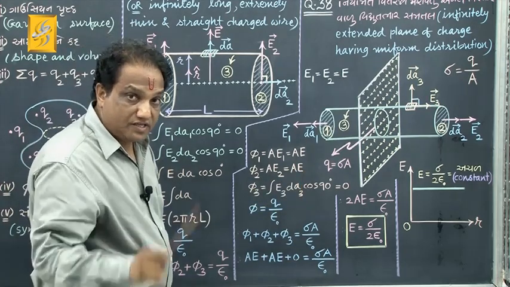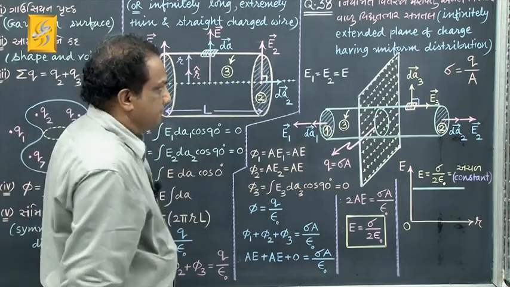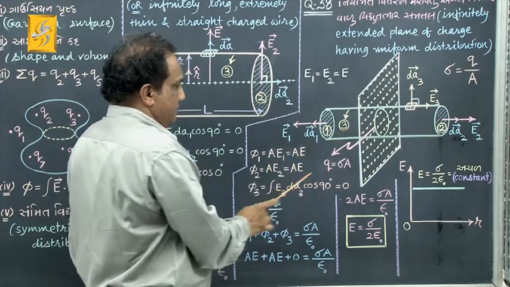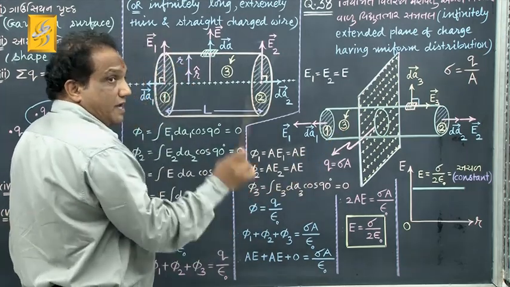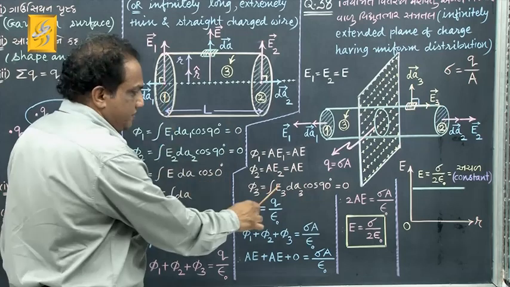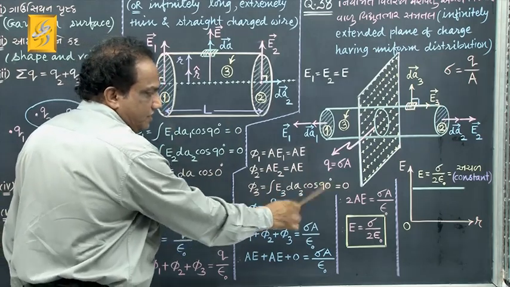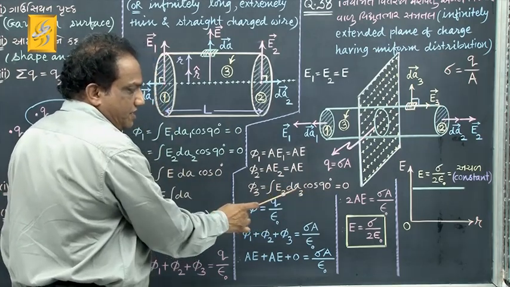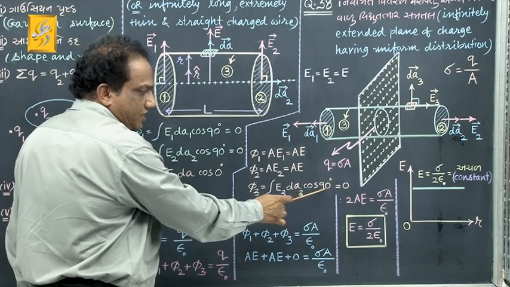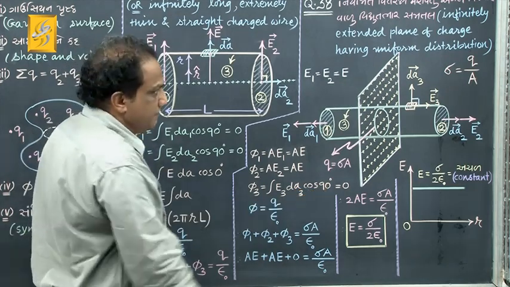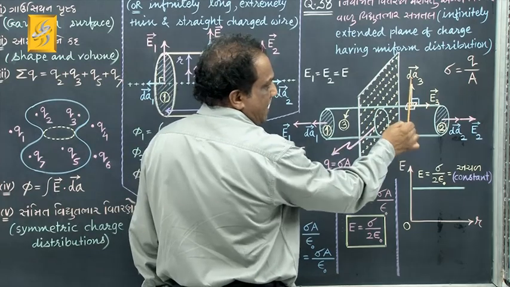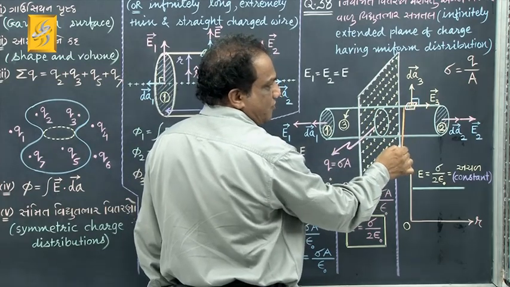What about electric flux linked with curved part? Let it be phi 3, okay? And according to general formula, it is integration E dA cos theta. Here I am writing E3, here I am writing dA3 cos theta, but theta is angle between area vector and electric field for this curved part.